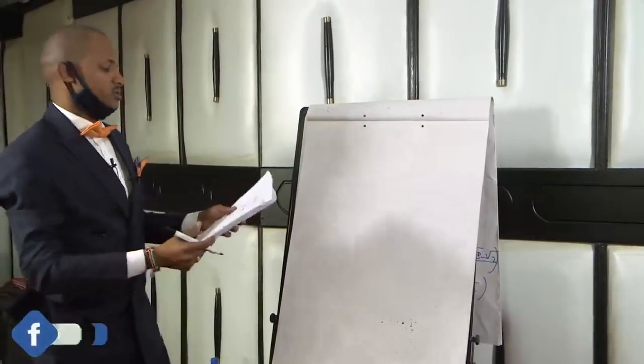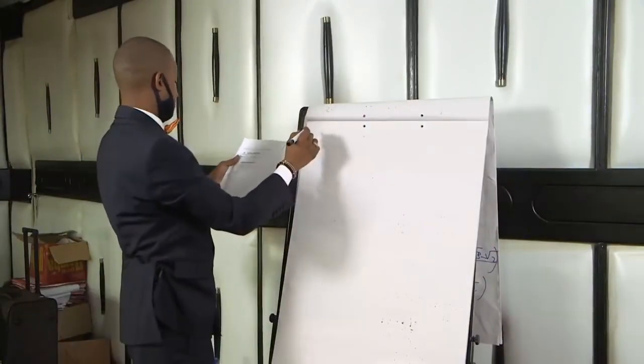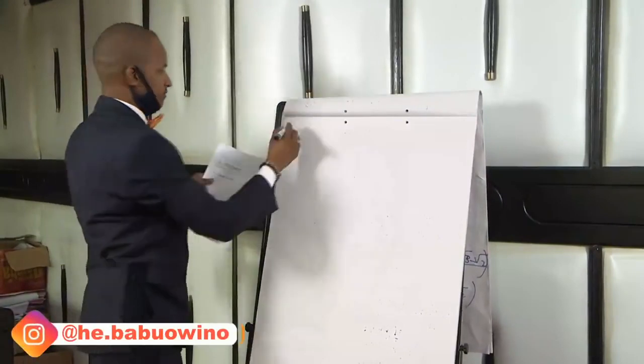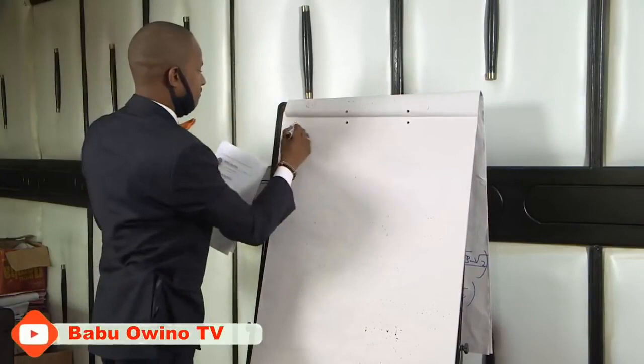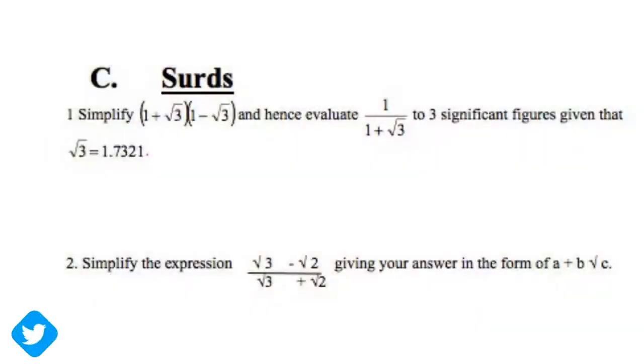The next question is question number 6, part 2. Simplify the expression root 3 minus root 2 divided by root 3 plus root 2.